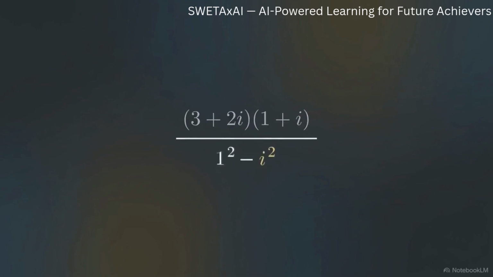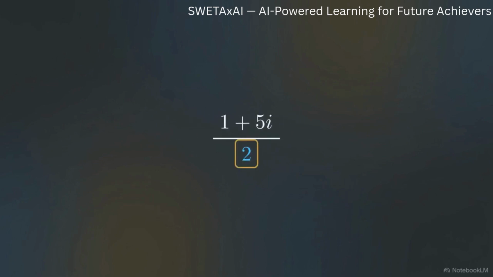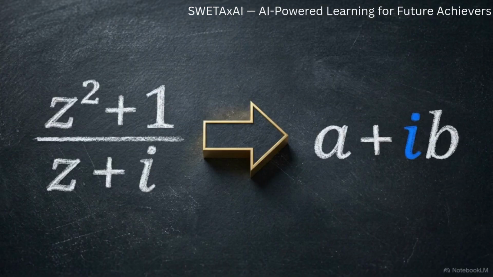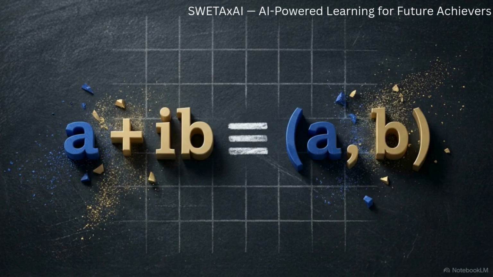The denominator resolves into 1 squared minus i squared. Replacing i squared with -1 simplifies to the real number 2. Using the conjugate is the tool used to strip the imaginary component from the denominator and return the expression to standard form.